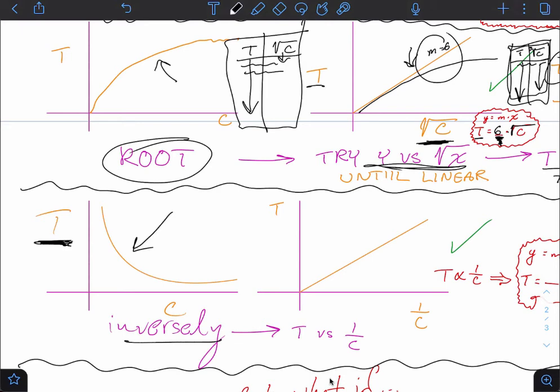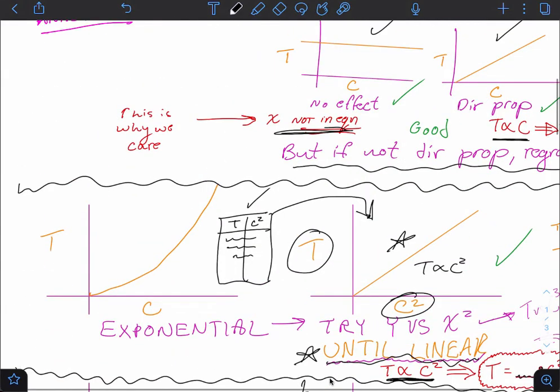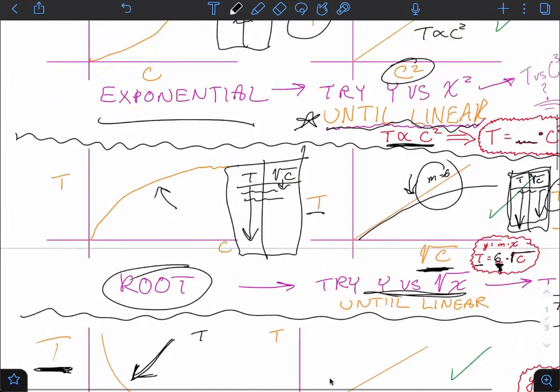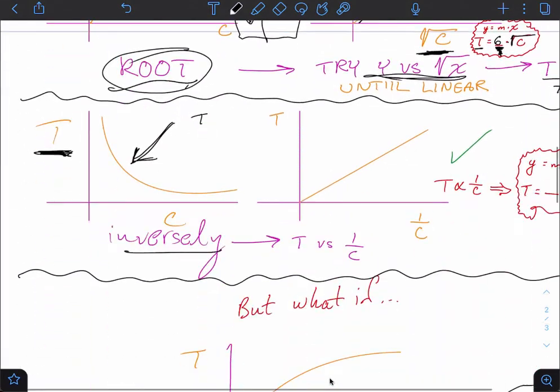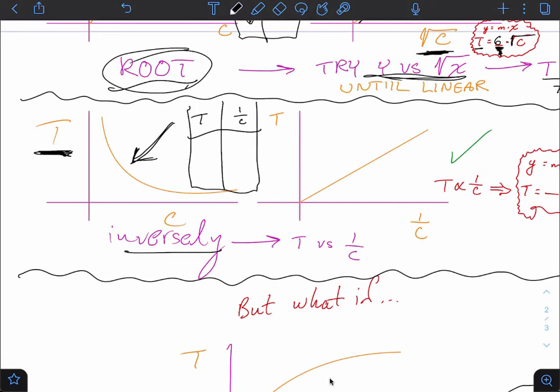So if that's the case, what are we going to do if we get a curve? If you get a curve, regraph based on the type of curve. Where a curve up is exponential, curve down is a root, and a downward curve is an inverse proportionality. So I'm always going to start with the easiest one, 1 over c.